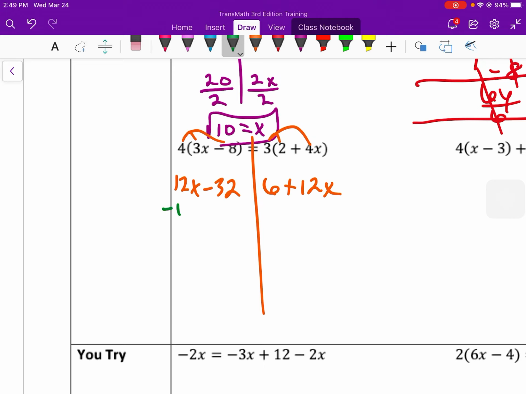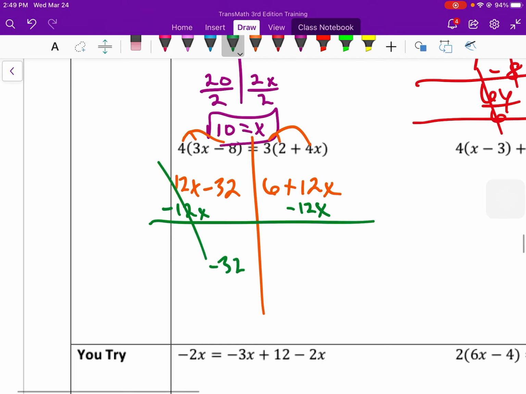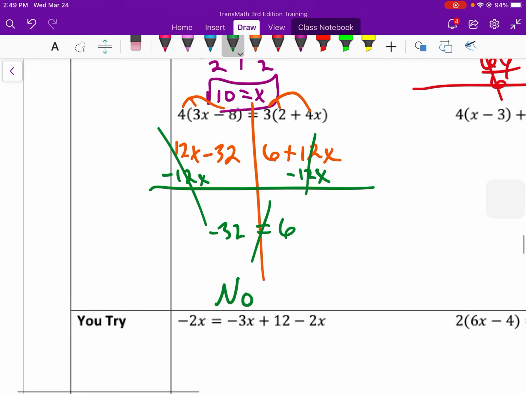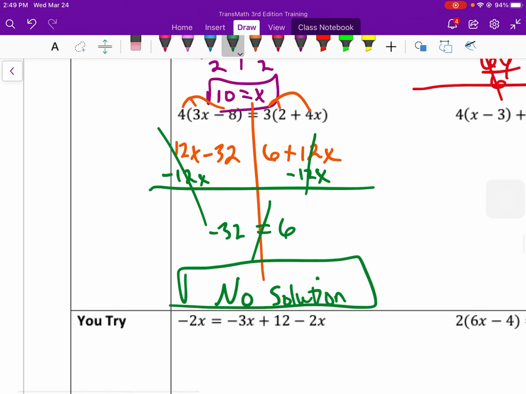So I'm going to subtract 12x and go this way. And look, I hope you already notice. That's 0, so we have negative 32. This is 0 equals 6. Is that a true statement? No, it is not. This problem is no solution. That's how you would write that answer. Because negative 32 does not equal 6, there is no value for x to make these expressions equal to one another.